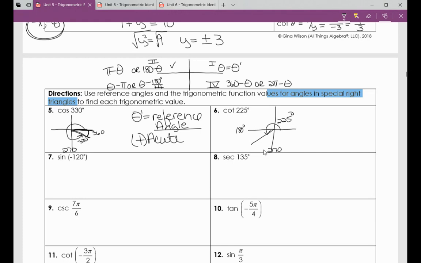Do y'all agree? I actually need to know how big this angle is. So I'm going to take my 225, since it's bigger than 180, because I need a positive answer. 225 minus 180 is 45 degrees. So my reference angle, remember that's the symbol for reference angle, is 45 degrees.